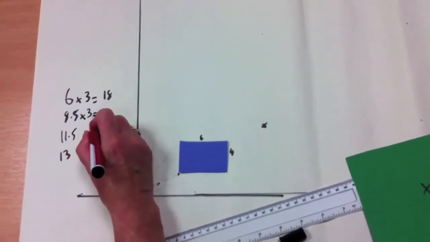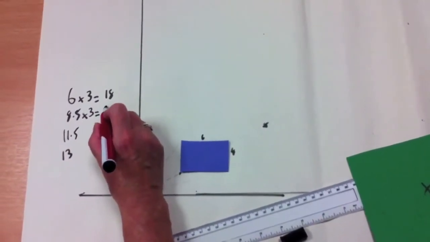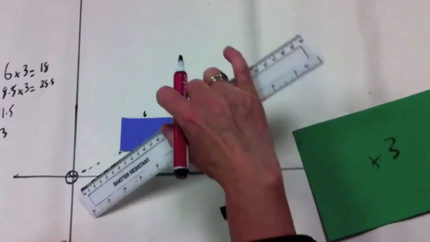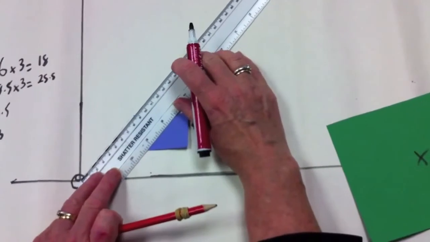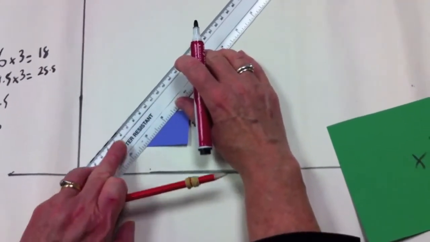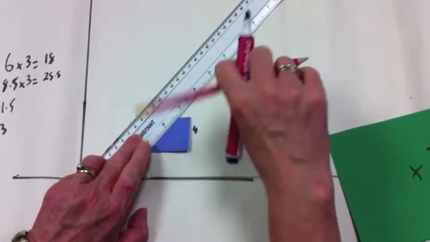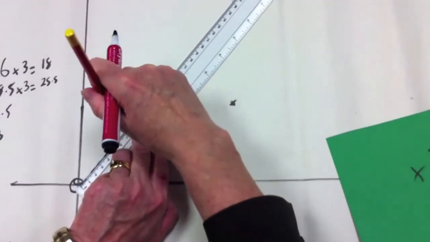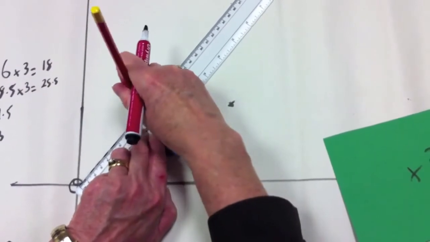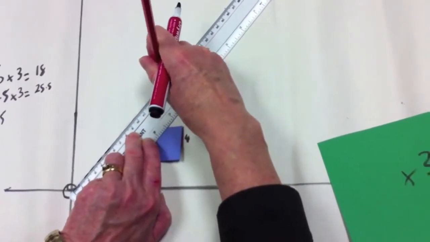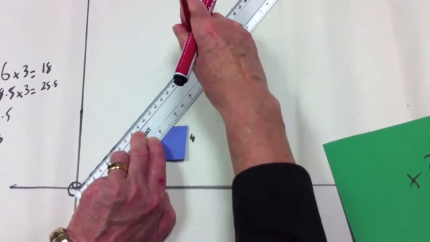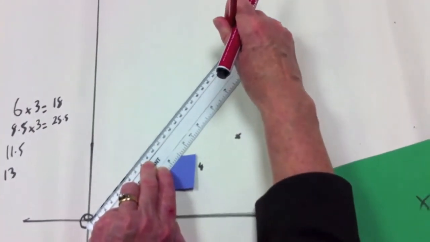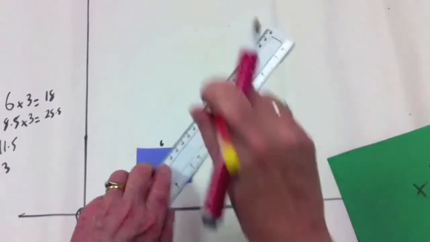So I multiply this one by 3, it's going to be 25.5. So again, I take my ruler, I measure it up, going along the original line and on up, keeping that line until I get to my 25.5, and so on, and then that will be the corner for my shape.